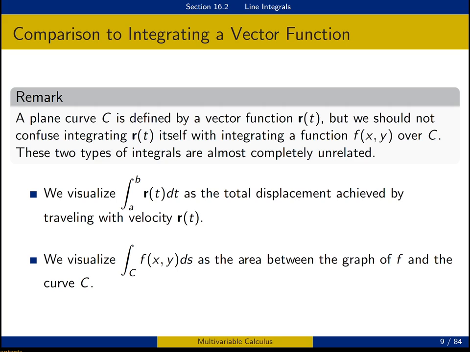Integrating the vector function itself was best imagined as integrating a velocity function in order to get a total change in position. In this case, r of t represented a displacement or direction of travel. On the other hand, the line integral of f of xy over the curve C is a way of computing the area between the graph of f and the curve C.